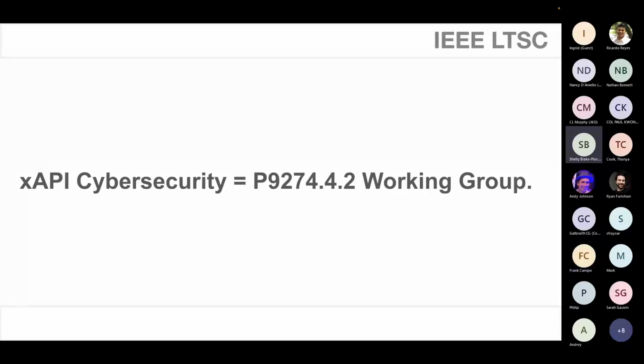Point 3 relates to individual profiles that will be developed as standards. For example, we may want to develop CMI 5 as a standard, or we may want to standardize the master object model profile as a standard. That would occur in point 3. And point 4 are recommended practices. These are guidelines regarding implementation. So cybersecurity fits into point 4.